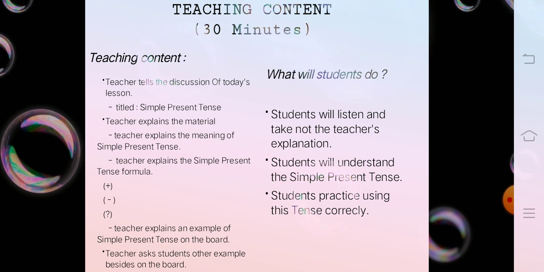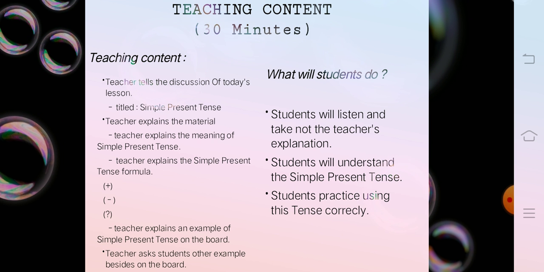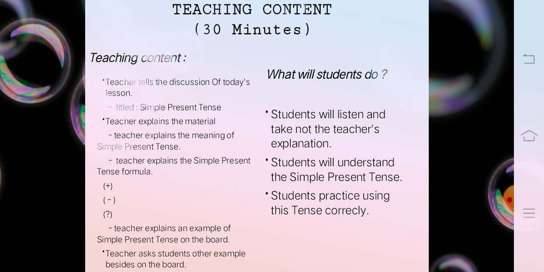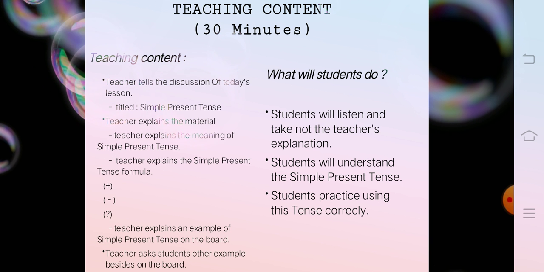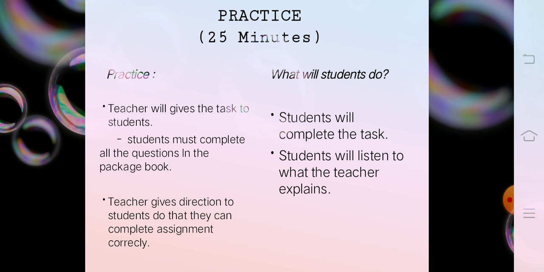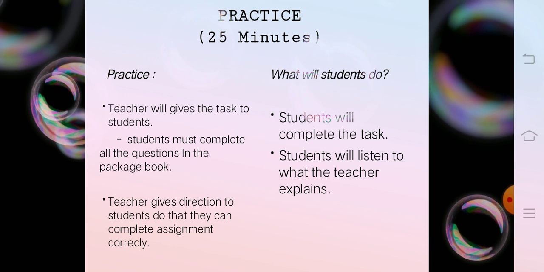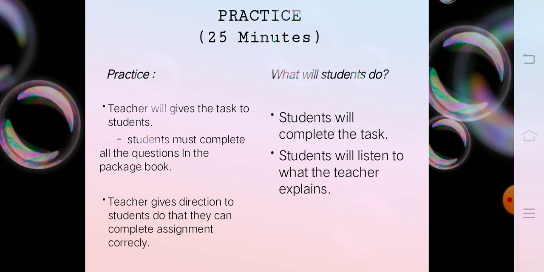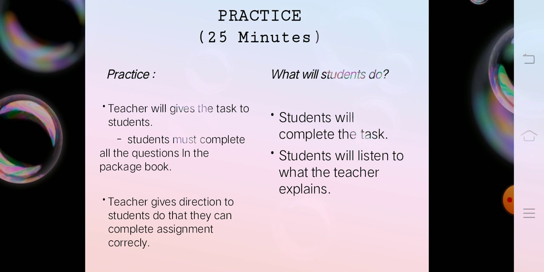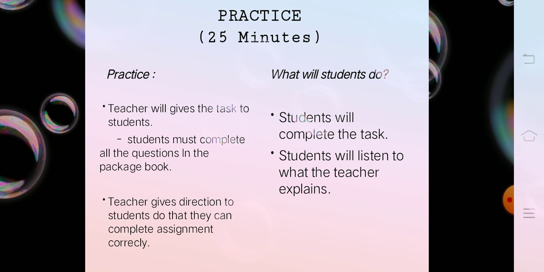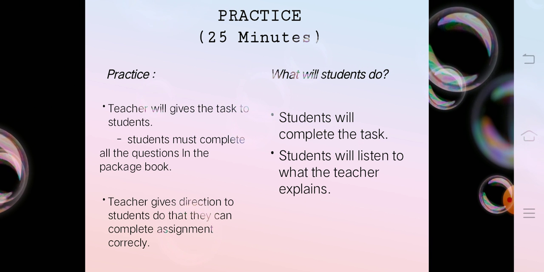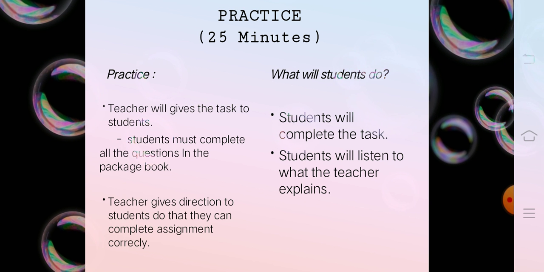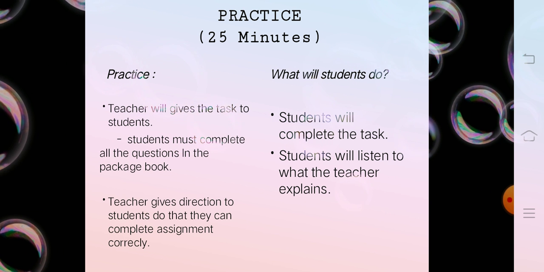After that, so students can understand more, the teacher tells students to look up other examples and then write them on the board. The next is practice. After explaining the simple present tense material in detail, the teacher gives questions or an assignment for students to work on the problems in the textbook.